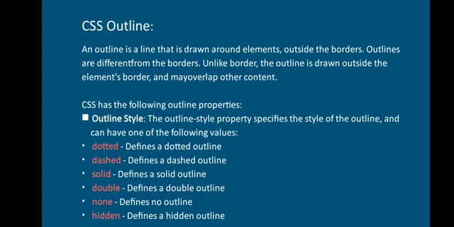Dotted will display a dotted outline around the border. Dashed will display a dashed outline around the border. Solid will display a solid outline around the border. Double will display a double outline around the border. None will not display any outline. Hidden will hide the outline.